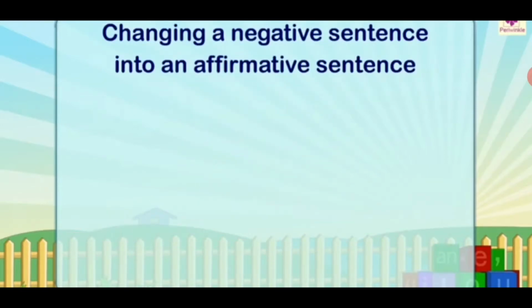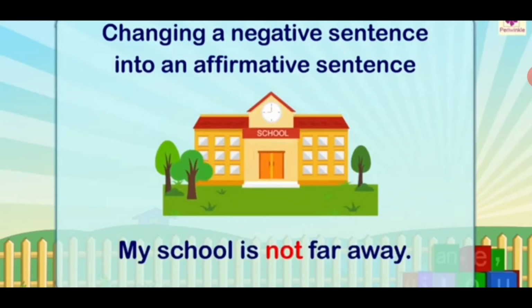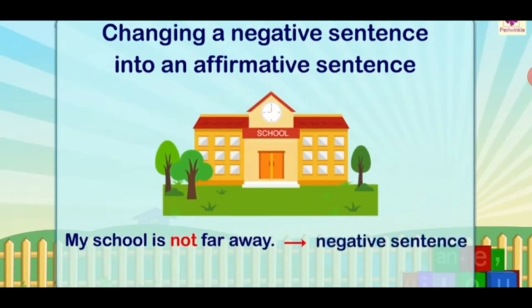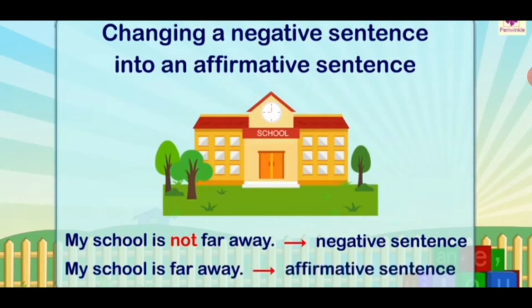Similarly, let us see how to change a negative sentence into an affirmative sentence. For example, my school is not far away. This is a negative sentence. So, here we will take out the word not and rewrite the sentence. So we get it as my school is far away. This is an affirmative sentence.